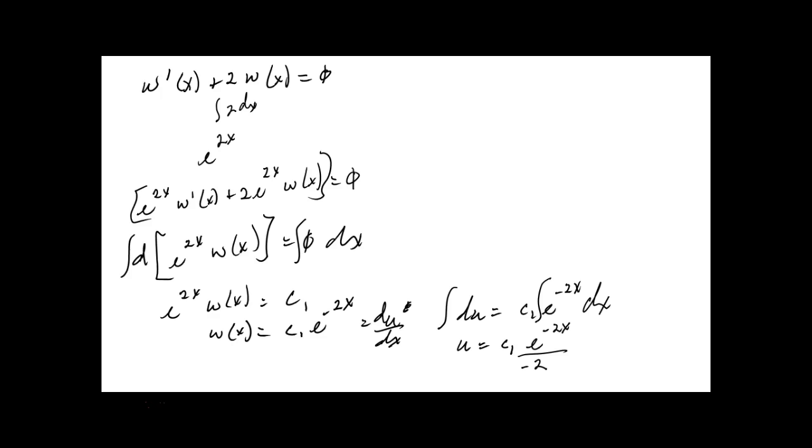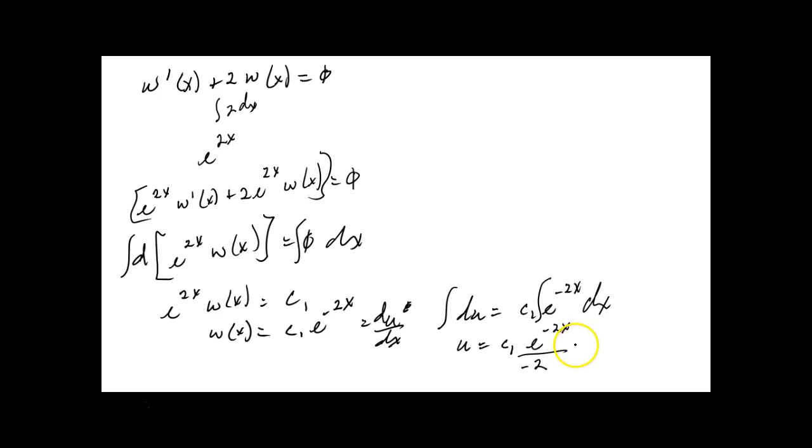The integral of exponential is the exponential, but then you have to unchain rule it, which means, whereas when you're taking the derivative, you multiply by the derivative of the inner part, with the unchain ruling it, you divide by the derivative of the inner part. The derivative of the inner part is a minus 2 here.